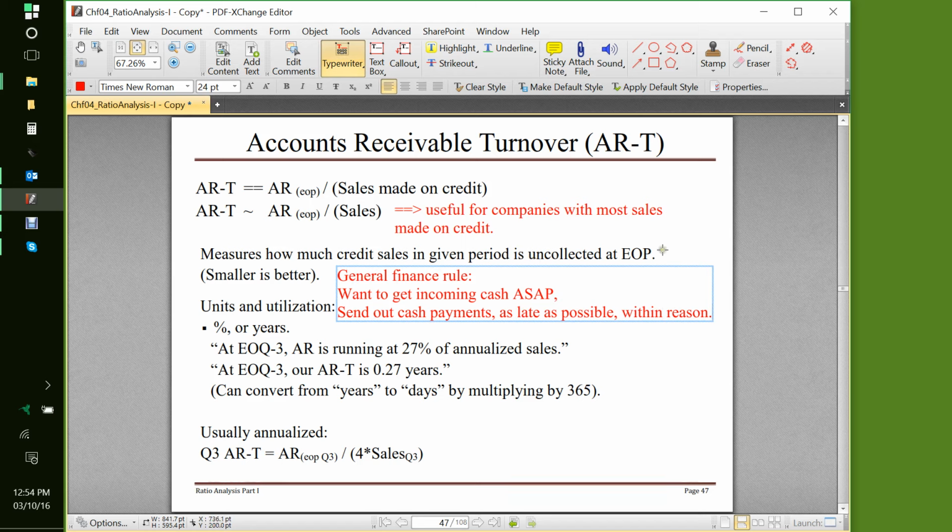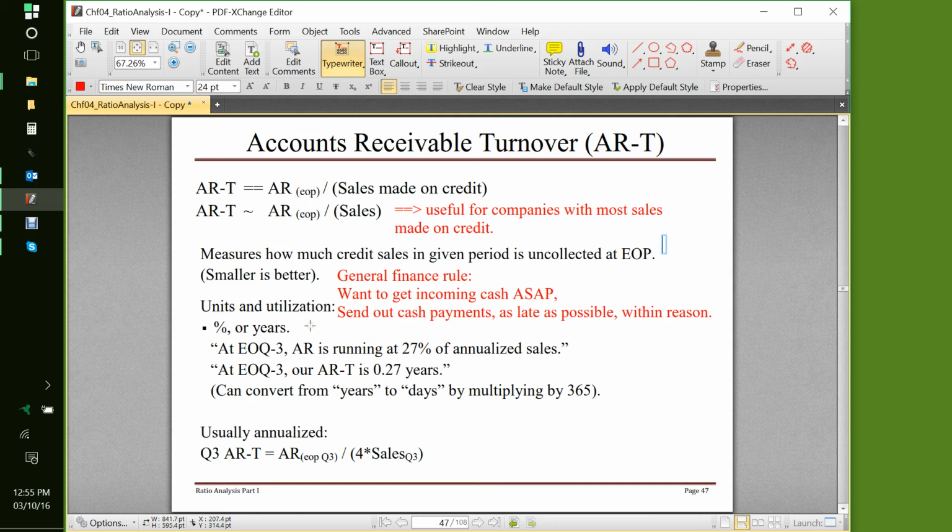Okay, so given that general rule, in general, it's always better to get cash that's coming in as soon as possible, and we'll see why when we look at the time value of money, which we're going to do very soon. And we want to send out our cash payments as late as possible. And again, when we get into the theory of the time value of money, we'll be able to formalize this a bit better.